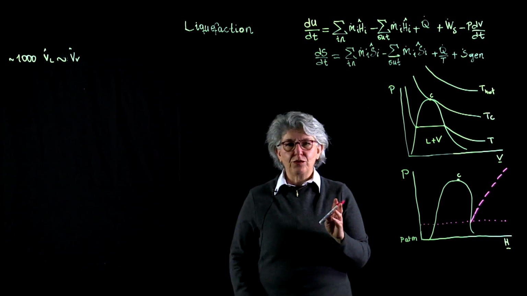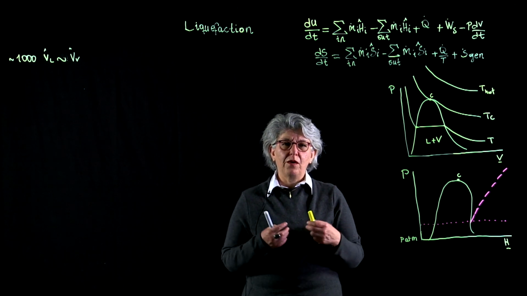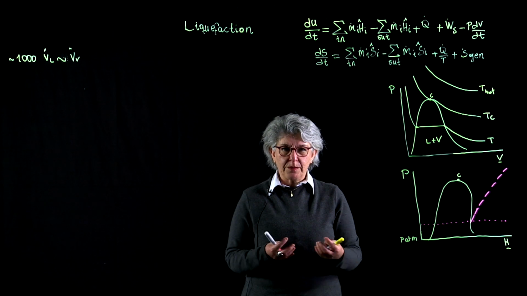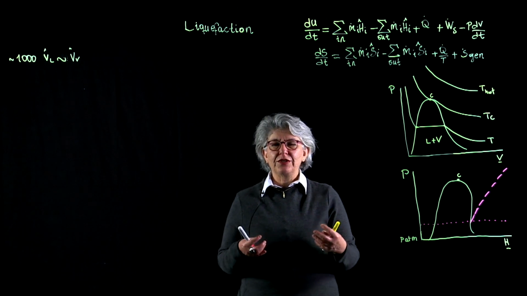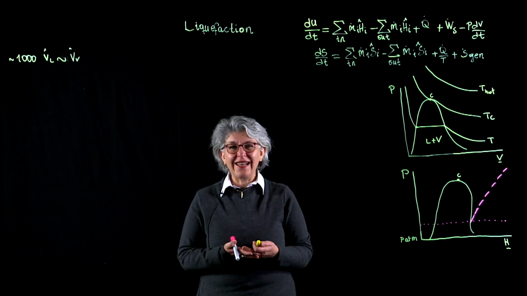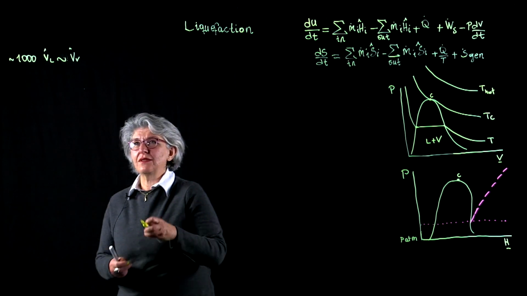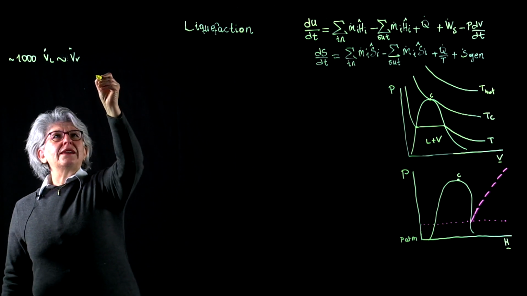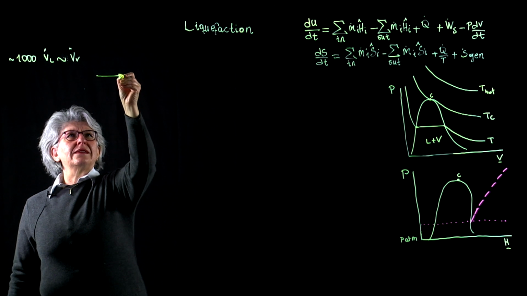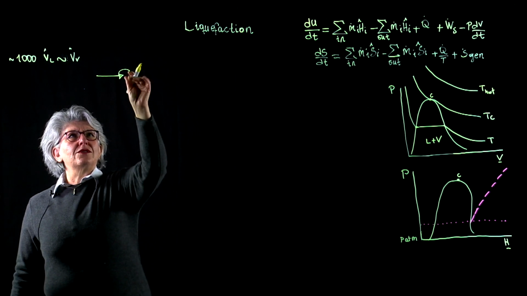Now, we are going to, of course, start from a high volume of atmospheric pressure, room temperature gas. So the first thing we have to do is to take this gas and compress it. So I will start by taking the gas and compressing it.